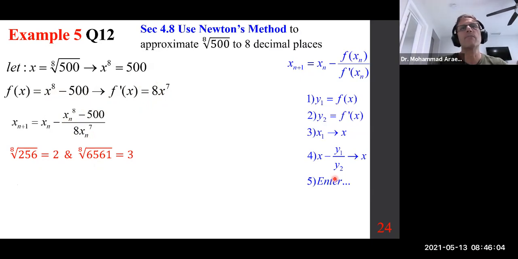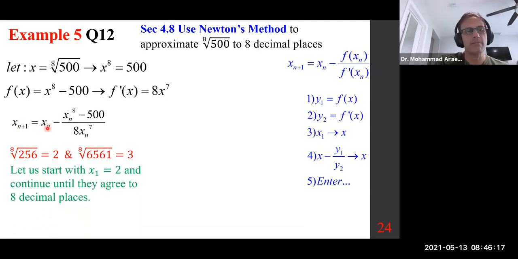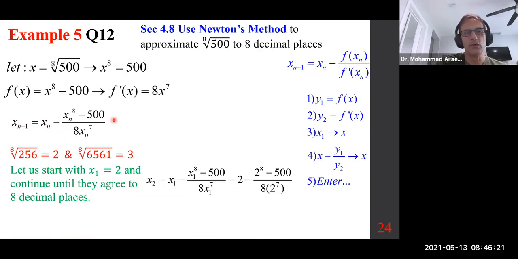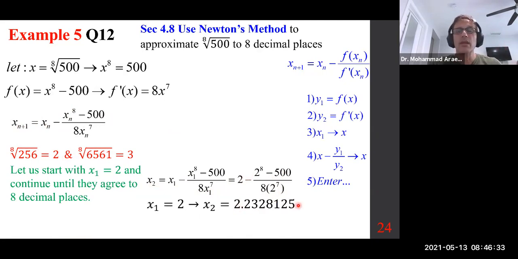Having said that, if we choose 2, we plug in here and we get, that's the first one, right? x sub 1. Now x sub 2 would be plugging in. So let us start with number 2. So write this for x sub 2 and x sub 1, and let's plug in. This is what I mean. You have to show your work here. And when x sub 1 is 2, this thing with a lot of decimals is this.